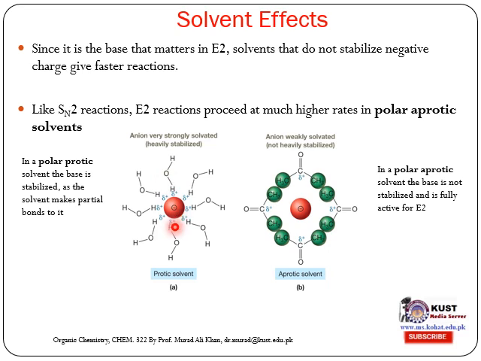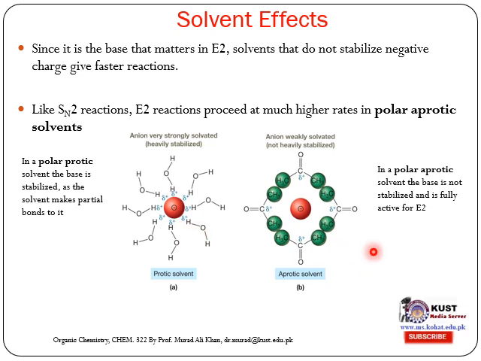In a polar protic solvent, the base is stabilized as the solvent makes partial bonds to it, like here. This is a protic solvent, water. It has stabilized this base. The anions are heavily solvated, they have a bond with the solvent, and the anion is stabilized in the polar protic solvent.